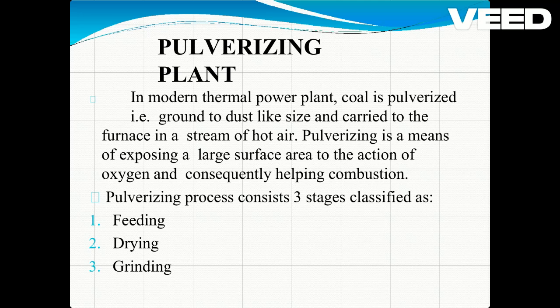This process consists of three stages: feeding, drying, and grinding. Generally, if we are using coal with a high calorific value, then it has the possibility to burn out completely and produce heat in an extensive amount.